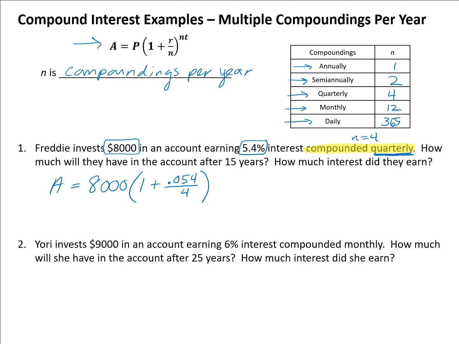Close my parentheses, and then my exponent is going to be that same N, 4, multiplied by the number of years, 15. I mentioned earlier that it is going to make it easier if you calculate that exponent first before you plug the rest of it into the calculator. So this is 8,000 times 1 plus 0.054 over 4 raised to the 60th. 4 times 15 is 60.